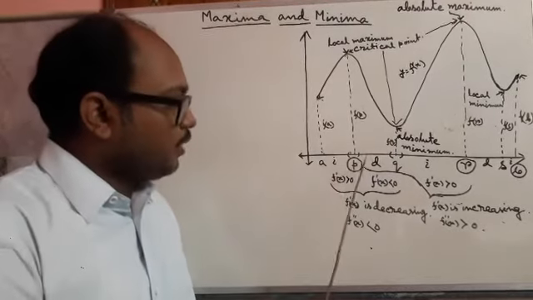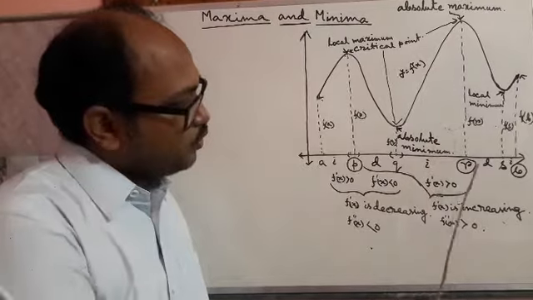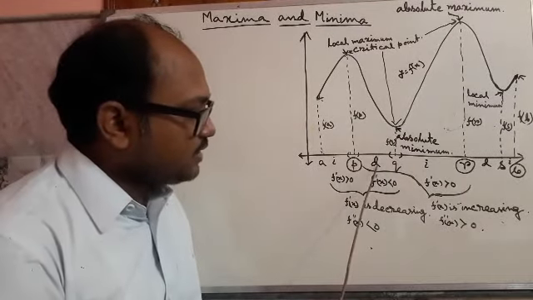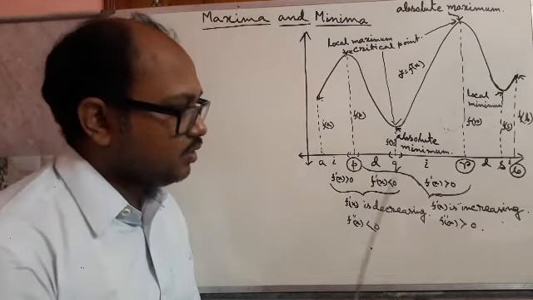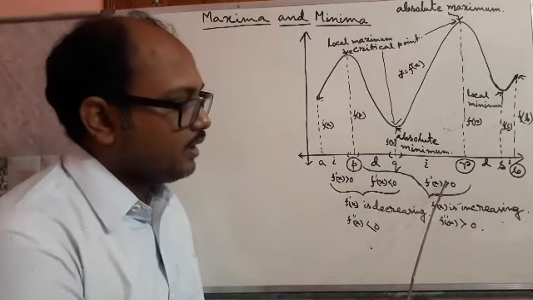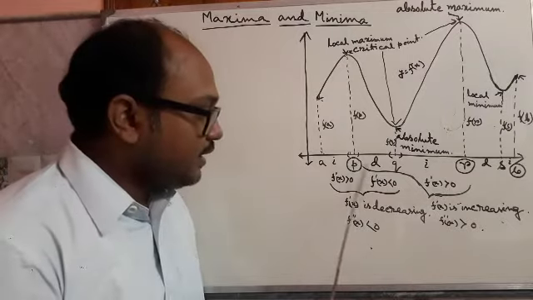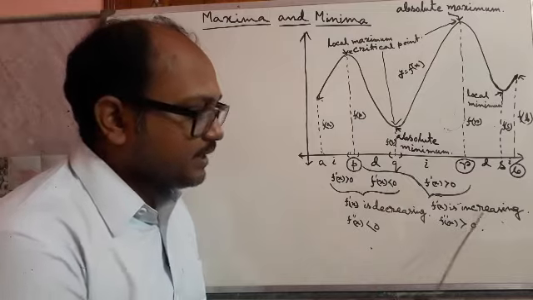Similarly you see from p to q the function is decreasing, then q to r it is increasing. So at first you see f dash x less than 0, then in this portion f dash x greater than 0. From negative it becomes positive, that means in this portion from p to r f dash x is increasing.